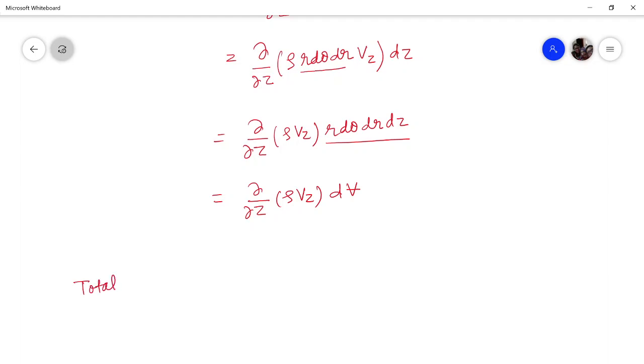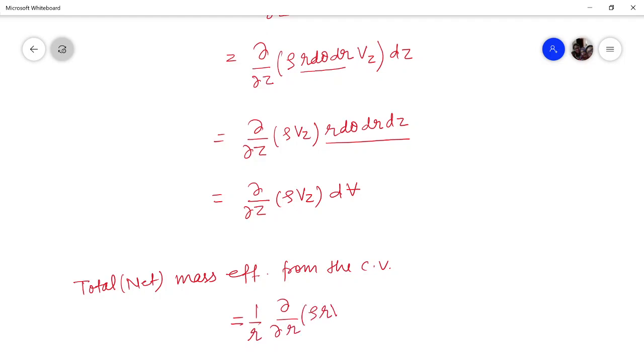Therefore, the total or net mass efflux from the control volume in all directions will be, in the r direction, 1 by r del by del r of rho r vr dv, plus in the theta direction, 1 by r del by del theta of rho v theta, dv is missing here, so dv, plus in the z direction, del by del z of rho vz dv.